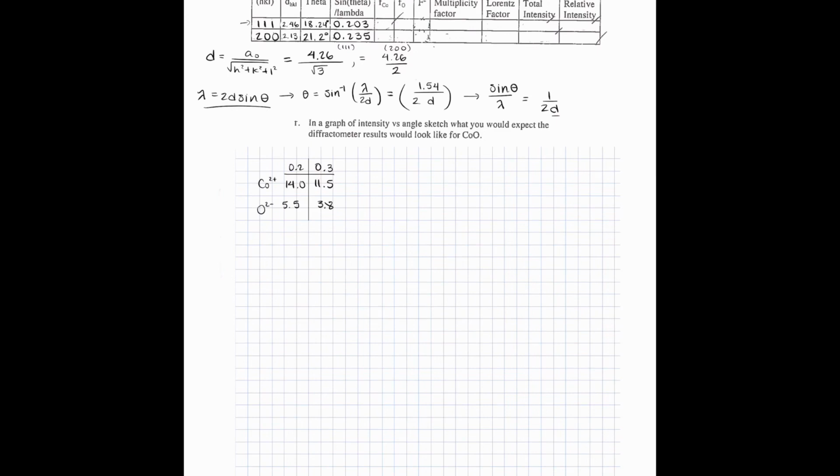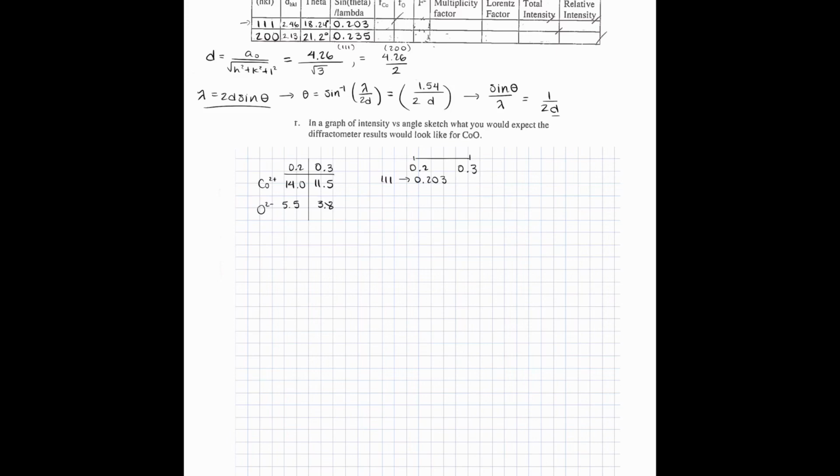All right, so now we're going to interpolate. You could also estimate, but I'm going to go through it just in case anybody actually wants to learn it. So for 111, our value is 0.203. We need to know, percentage-wise, how far away is 0.203 from 0.2 or from 0.3. Just where on the scale does 0.203 sit?